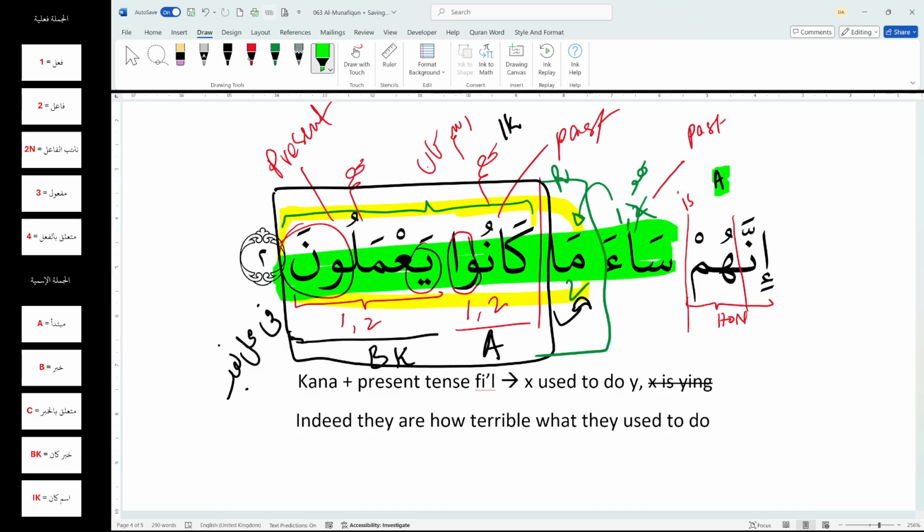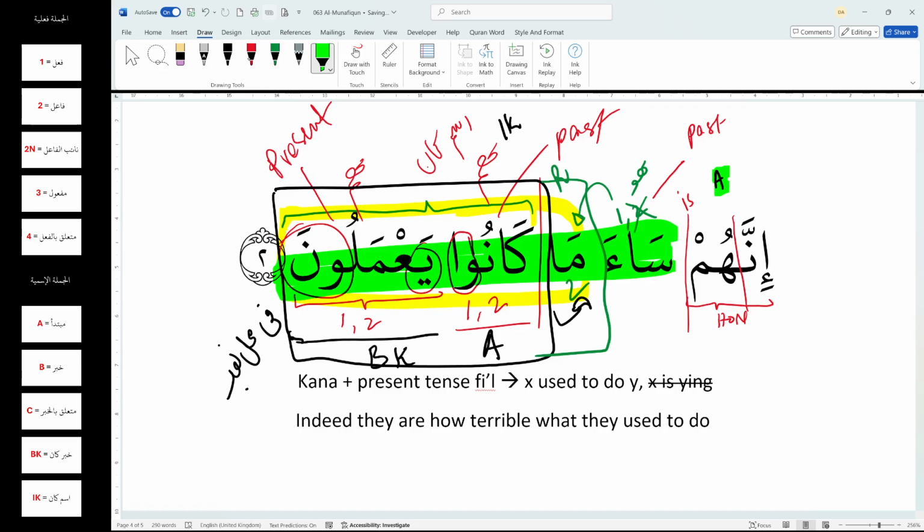So when you have a jumla fi'liya instead of the ism, this is overridden. You don't need that "is" anymore because "is" after all is a verb to be. You don't need that because there's another one, there's the fi'l that came into the picture. So you're going to translate it differently.